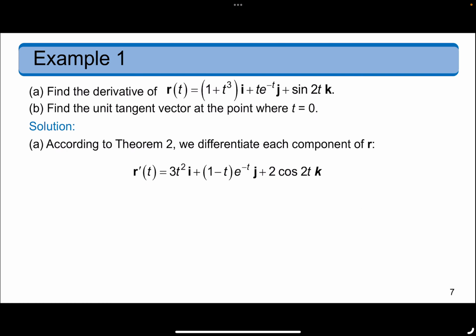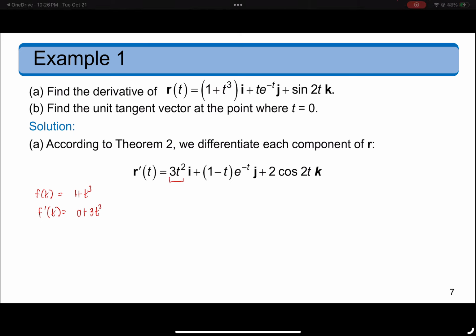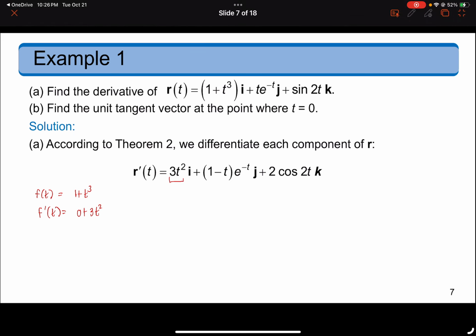Let us find the derivative of r of t, which is equal to 1 plus t cubed i, t e to the negative t j, and sine 2t k. So we have f of t is equal to 1 plus t cubed. So f prime of t would be 0 plus 3t squared. So this would be your x component.